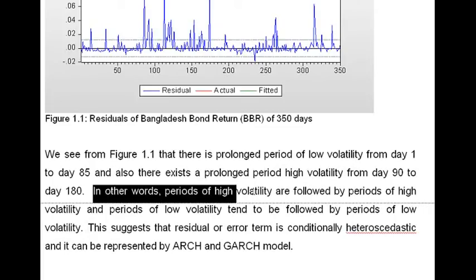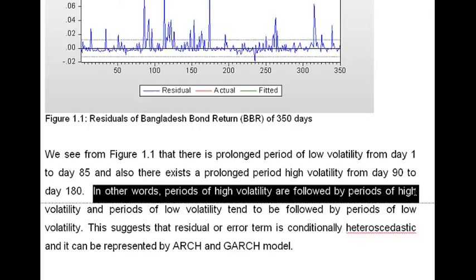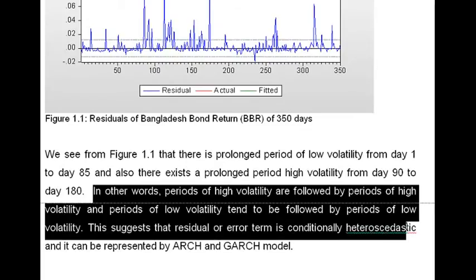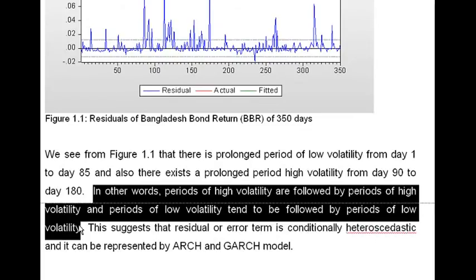What does it mean? It means that from day 1 to day 85, small volatility actually causes another small volatility. One small volatility causing another small volatility.